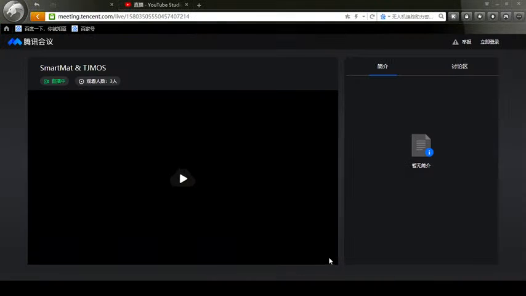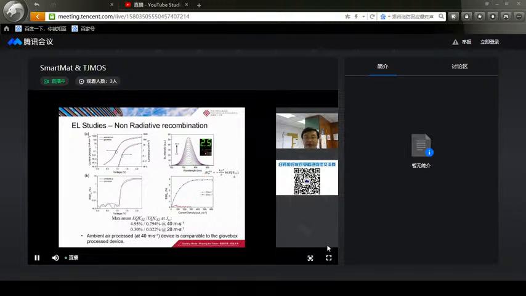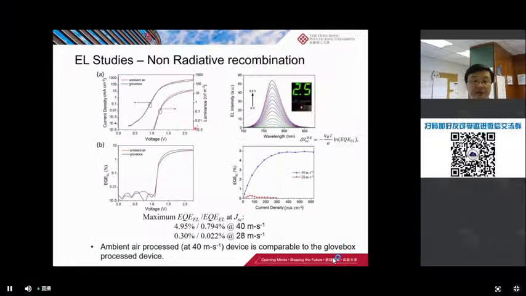Okay, here are the equations. And we find that in ambient air and in the glovebox, if I'm fast enough for the drying, they actually look very similar. Okay. And for different speeds, that's 40 milligram per meter per second versus 28, the efficiency actually can vary quite a bit.